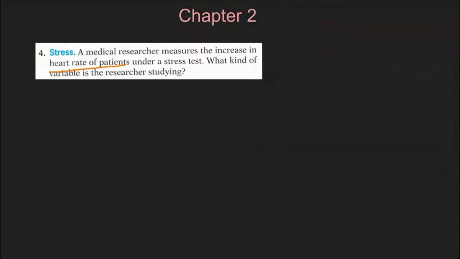Heart rate of patients. Maybe you're not too familiar with heart rate, but you'd have different numbers of beats per minute. I don't know that much about heart rate either, but let's say 150 is a potential number. Does it have units? It would. It's usually measured in beats per minute.